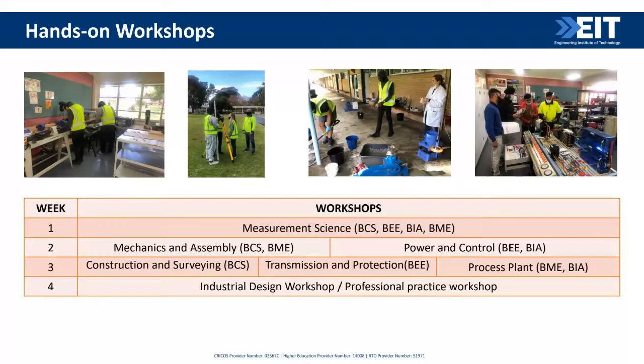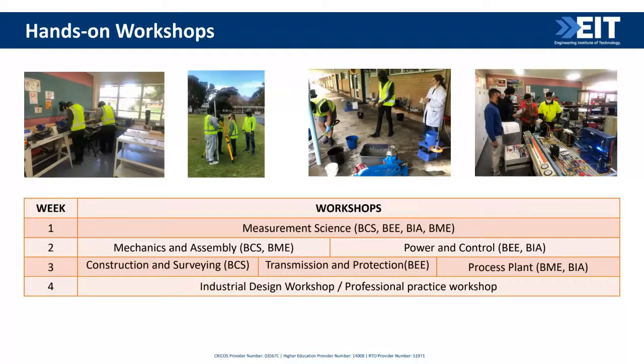Week 2 is the mechanics and assembly workshop for our bachelor's in civil and structural, and also mechanical engineering. We also have a power control workshop in week 2 for students in electrical and industrial automation.